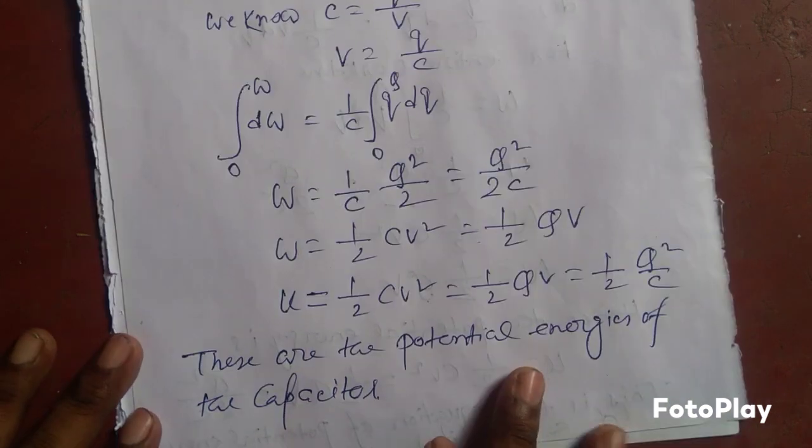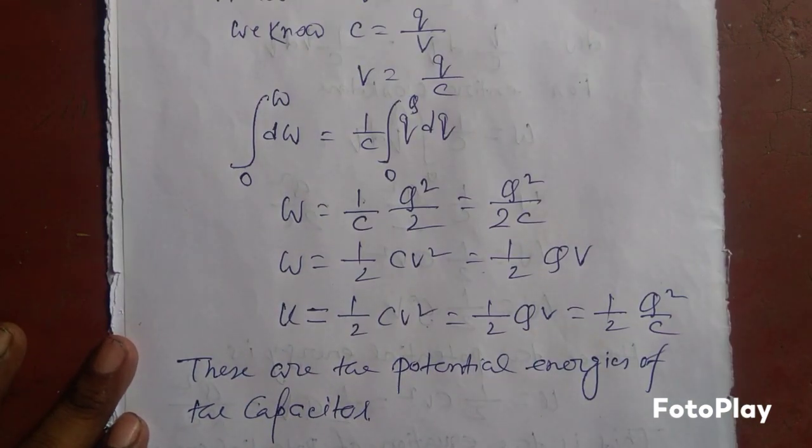So there are different formats of work done: W equals half CV square, W equals half QV, W equals Q square by 2C. This is nothing but the amount of potential energy. So U equals half CV square, half QV and half Q square by C. These are all the equations of energy of the capacitor.